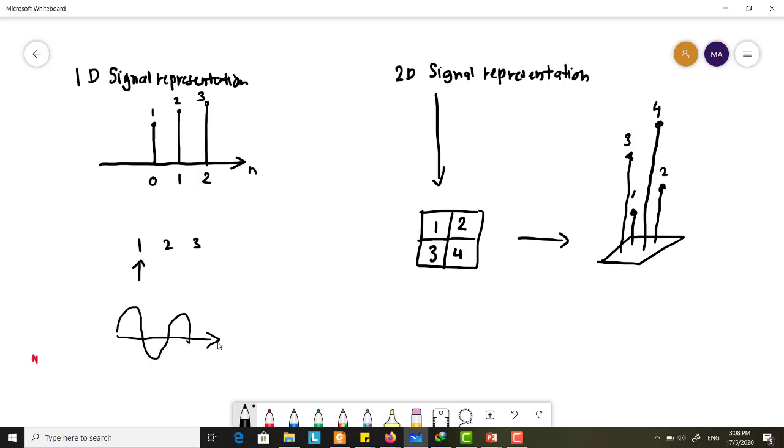Okay, so it's a continuous signal. Normally the standard notation that you use to represent this signal is x(t), the time domain. However, after sampling, which is the process of converting the analog signal into a digital or discrete signal, it will become something like this.